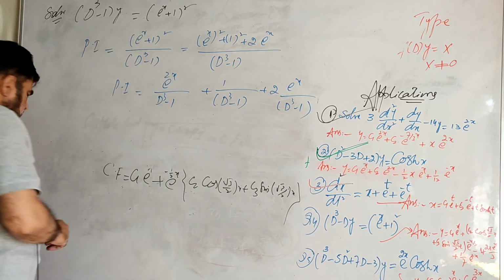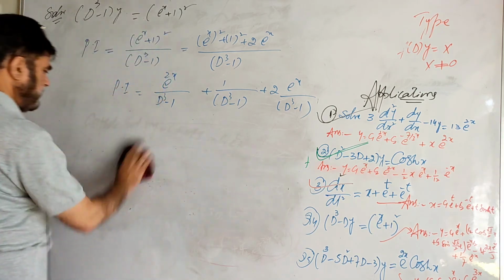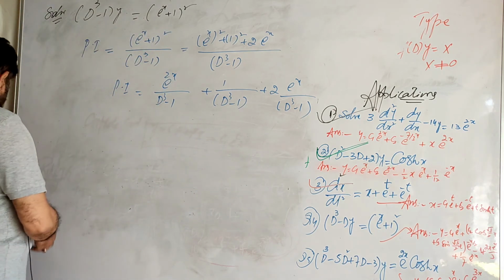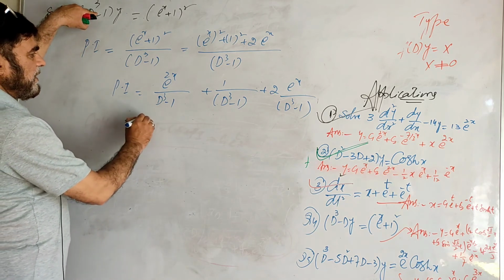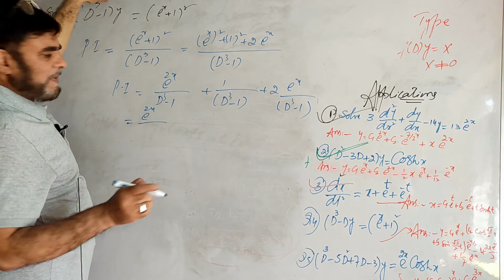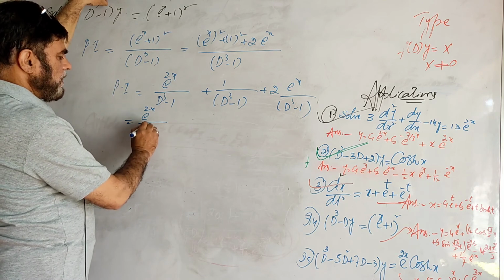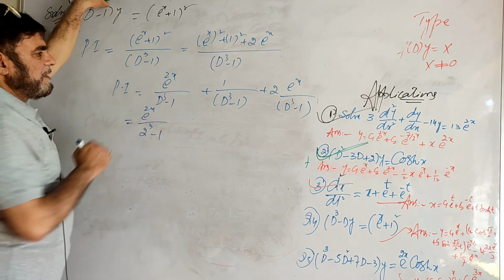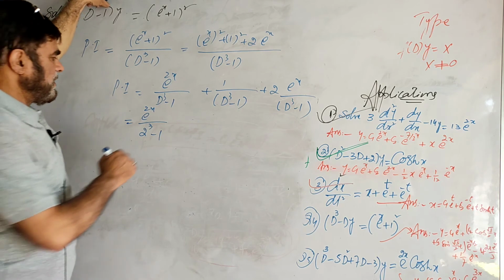Okay, you see how we go. Here it is obviously defined. It is e raised to power 2x by, replace d by coefficient of x, it is 2 cube minus 1. We have to replace by coefficient of x in the exponential function.